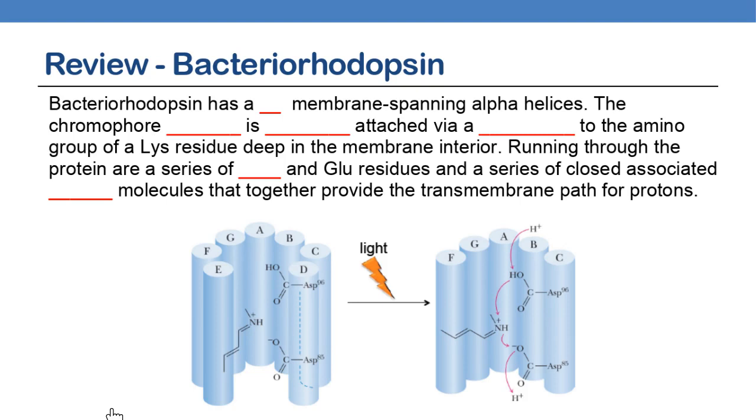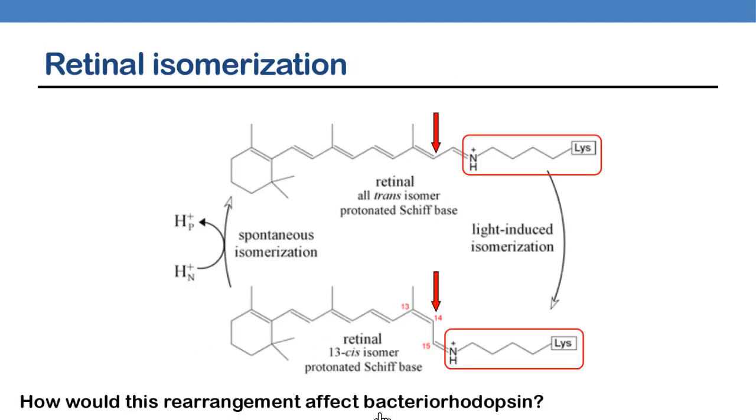That's the correct covalent modification to the amino acid. So we have the chromophore retinol covalently attached, a Schiff base. Running through the proton channel is a series of blank and glutamic residues and closely associated blank. Aspartic acid, awesome. And what are the other molecules? Water, perfect. Someone was asking, what is a Schiff base? Our Schiff base, I'm just going to go back for a second, is this retinol group, and the Schiff base is this covalent modification to the lysine.